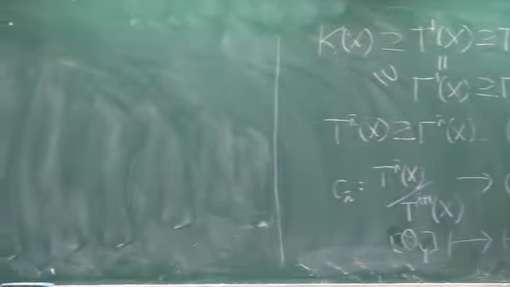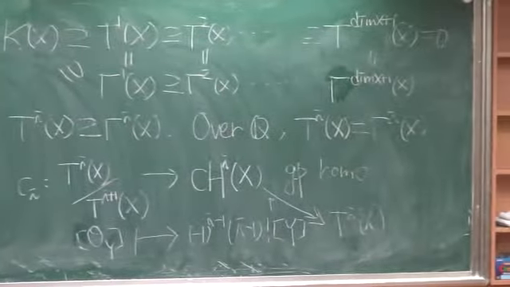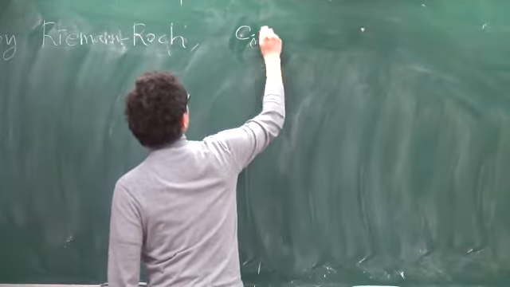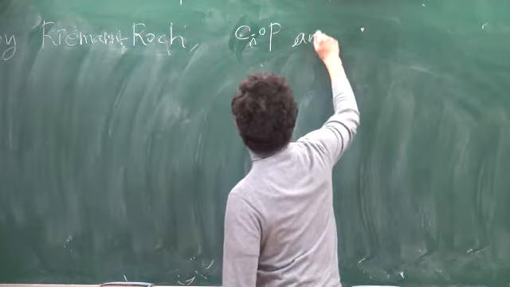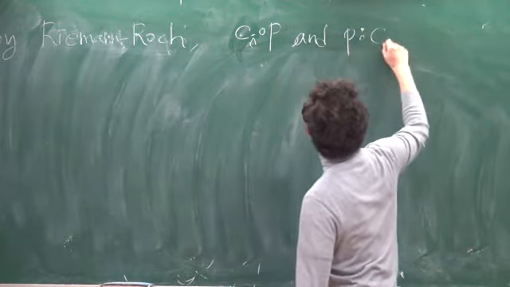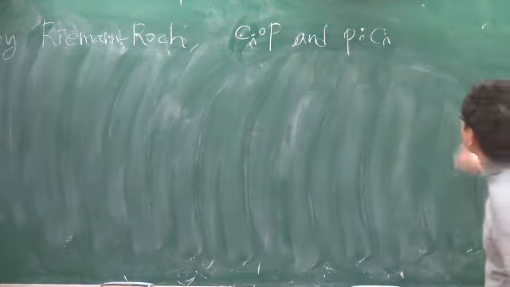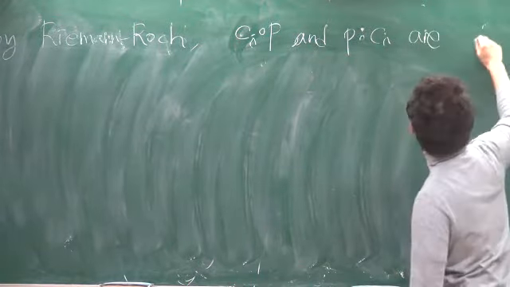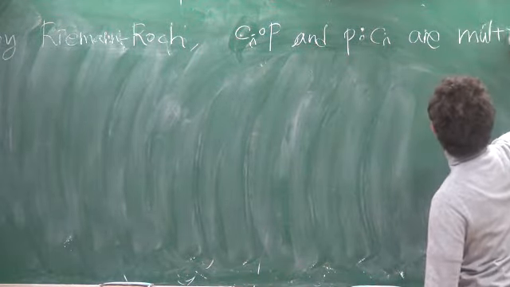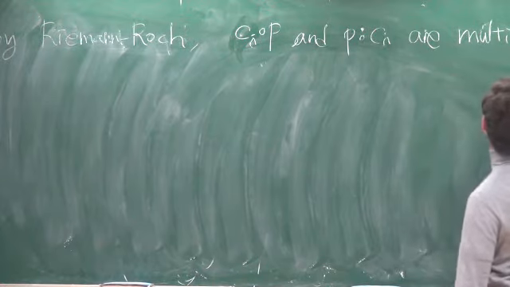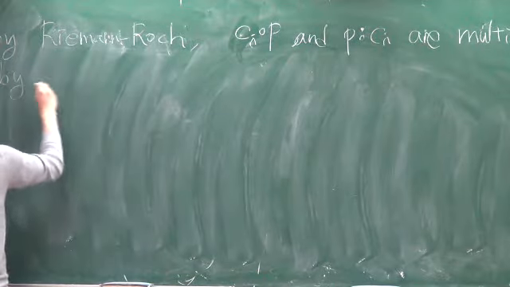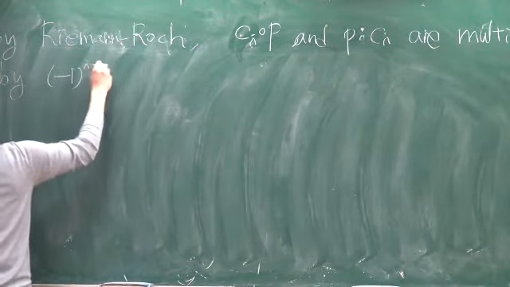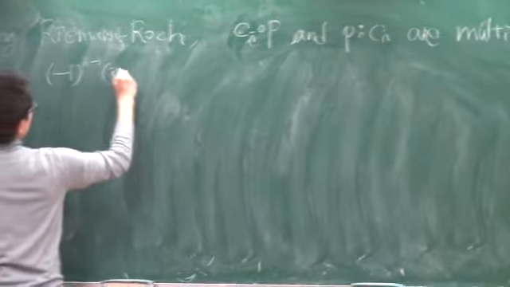And by Riemann-Roch, the composition of this surjection with the Chern class map is just a multiplication map by some constant depending on i.